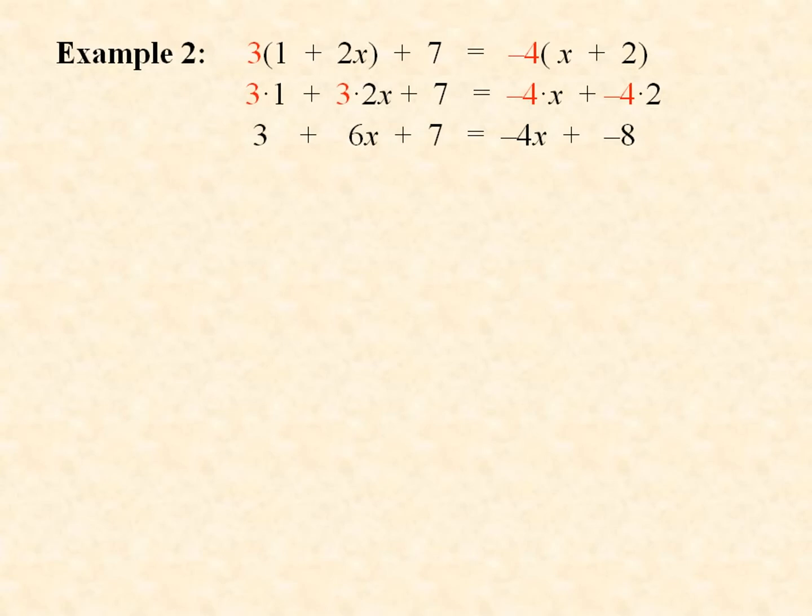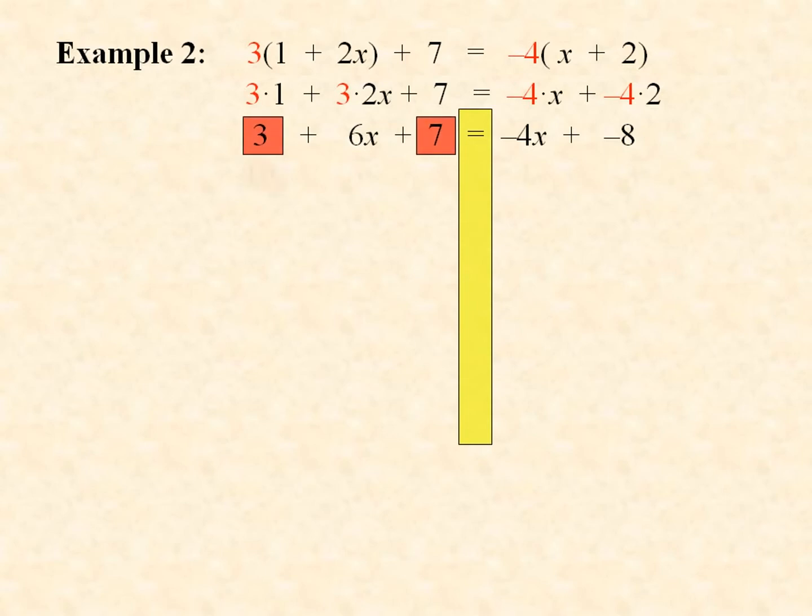Now we are in a position to start solving the equation. We will identify the two sides. On the left, we have two like terms that can be added, the 3 and the 7. So we add those, and the left side simplifies to 10 + 6x. So now we have 10 + 6x = -4x + (-8).